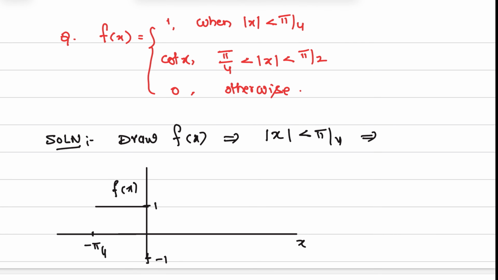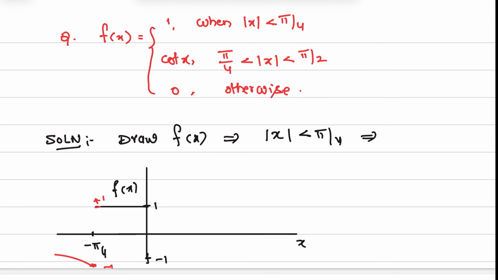Please try to understand this jump. There is a jump like this. That is first point. Here this value is minus 1, here its value is plus 1.